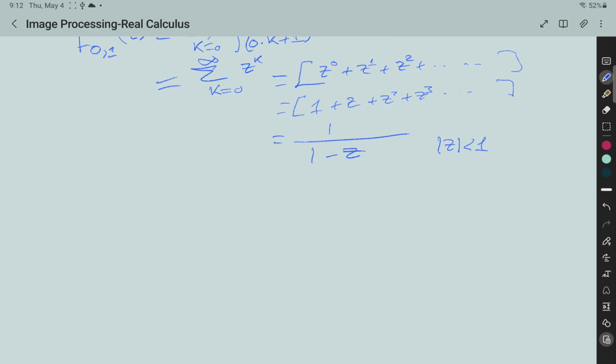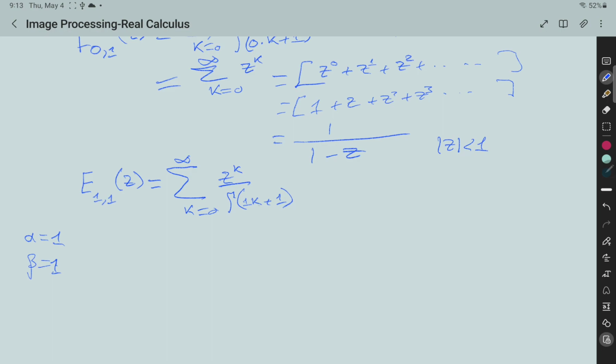All right, so the next one is probably a function that you are familiar with. What happens when alpha is equal to 1 and beta is also equal to 1? So alpha is equal to 1 and beta is equal to 1. According to the formula, there's an infinite sum with k going from 0 to infinity, z to the k power, divided by the gamma function of 1 times k plus 1.